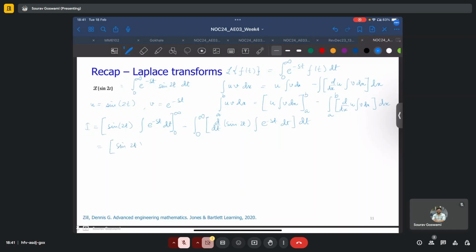So this is sin 2t. The integral of e power minus st dt is simply e power minus st by minus s, and we have to evaluate this product between 0 and infinity. For this other part, d/dt of sin 2t is 2 cos 2t, and this again becomes e power minus st by minus s dt.